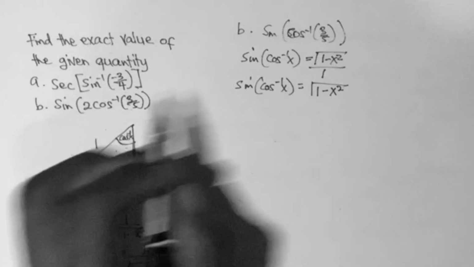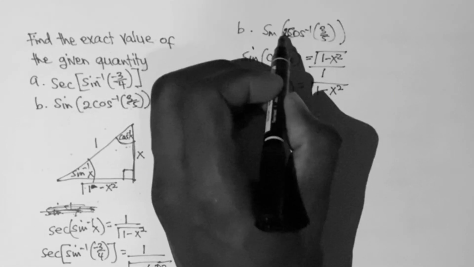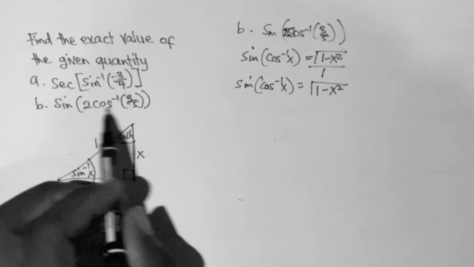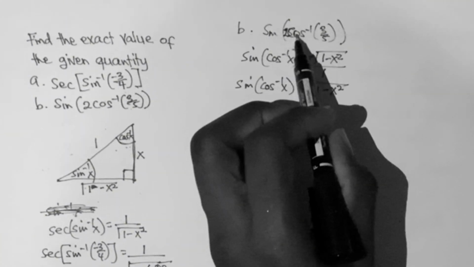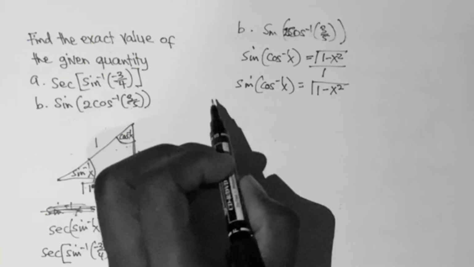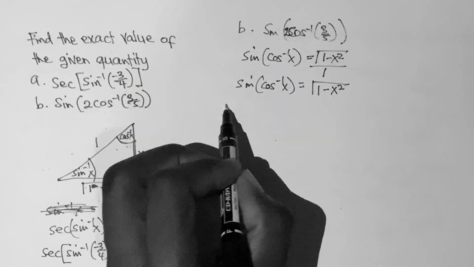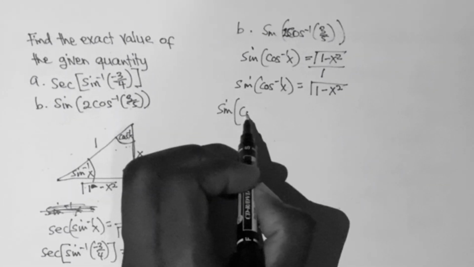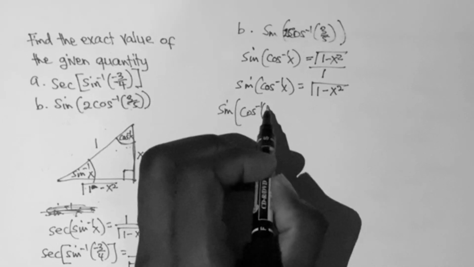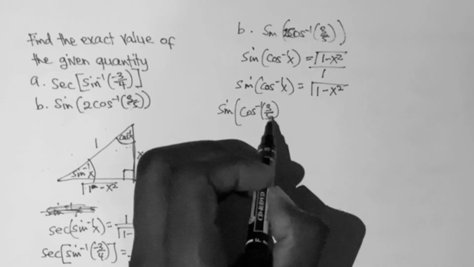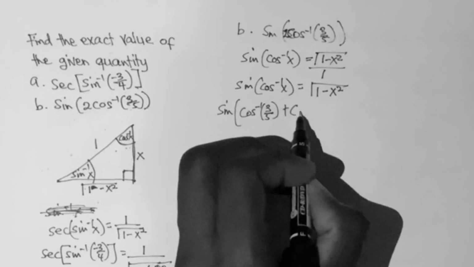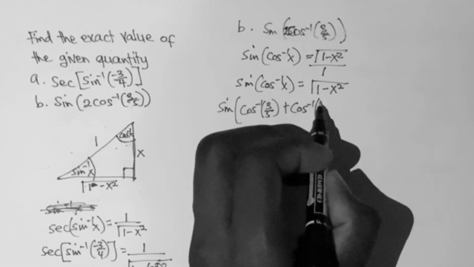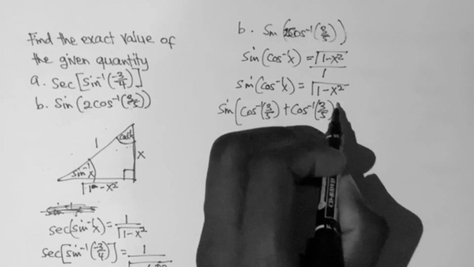But sorry, there is a 2 here. So sorry, let me bring the 2. So because of this 2, you cannot just evaluate this straight away. So we can rewrite this as sine of, since it is 2, there can be cos inverse of 3 over 5 plus cos inverse of 3 over 5.